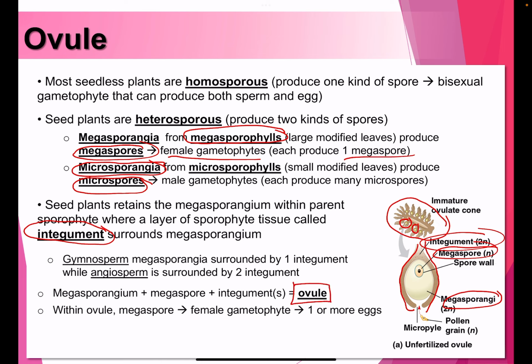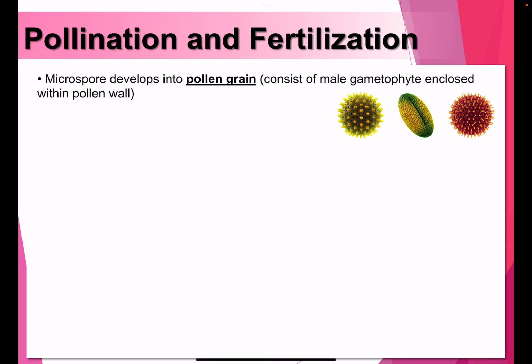So this whole thing right here is an ovule. Within the ovule, the megaspore will become your female gametophyte, which can actually generate one or more eggs. We'll talk in more detail about that process when we get to the gymnosperms. So that was the story of the megaspore and the ovule.